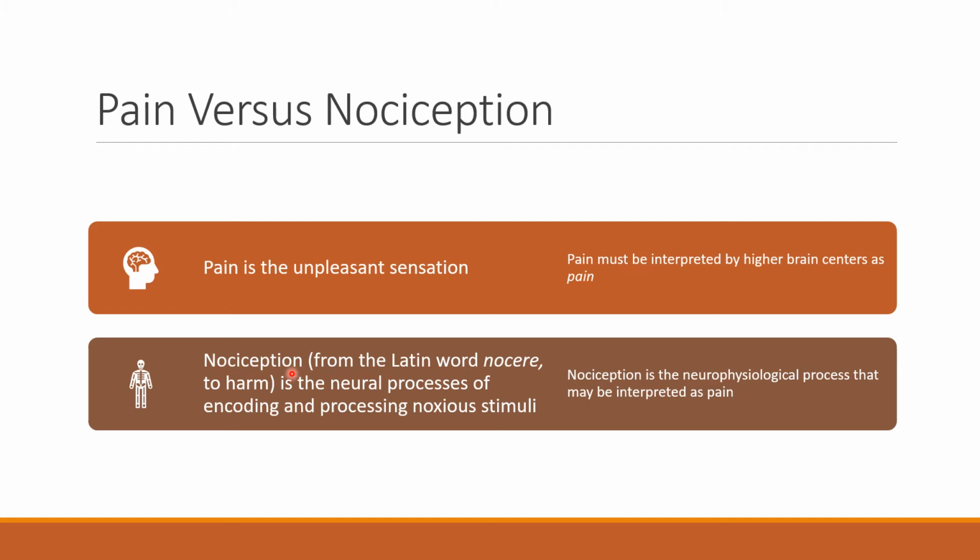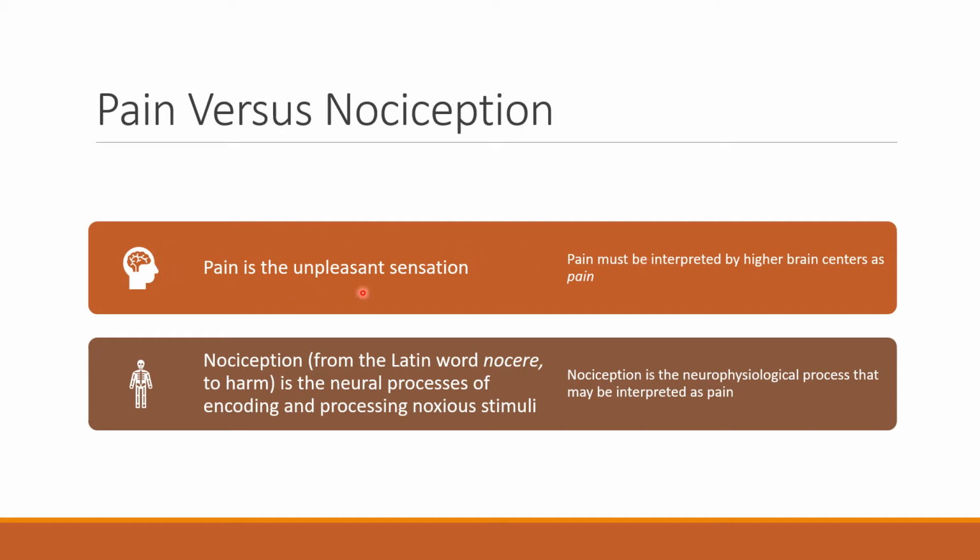And this becomes really important because if we can block pain from getting to the brain or change the interpretation of the brain, we're still going to have nociception. We're still going to have the painful stimuli or noxious stimuli occurring, but it's not going to be sensed as pain.